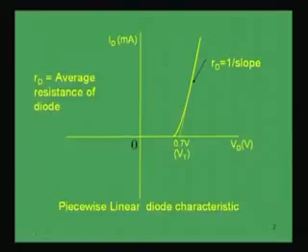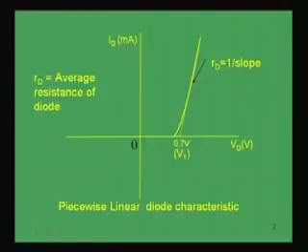That is why we can approximate this region as a linear characteristic, and the overall characteristic can basically be divided into two regions: one up to 0.7 volt when the current is 0, and then a linear characteristic which will be determined by the slope.